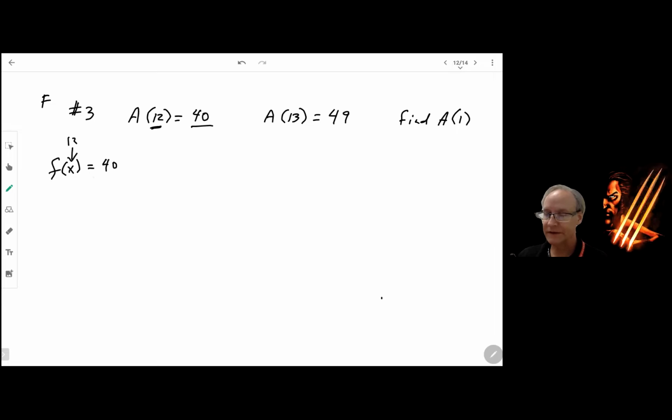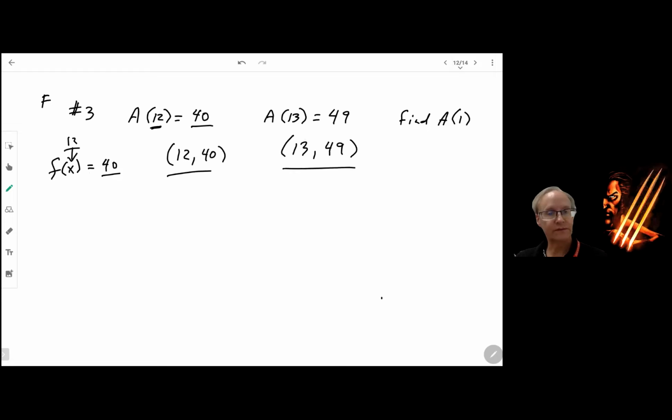Well, we know that this is the y value and this is the x value. So this one is 12, 40. And this one, of course, you can write the point. And the point is 13, 49. And if you have 2 points, you can find the equation through these 2 points.